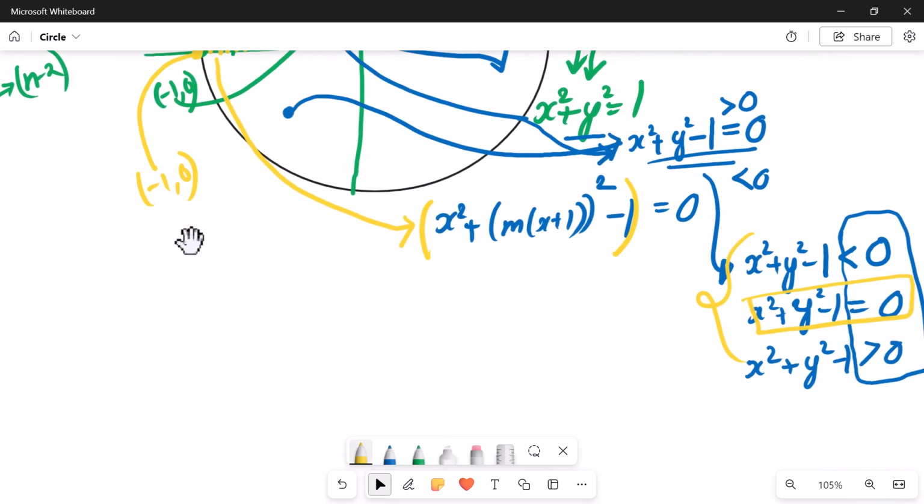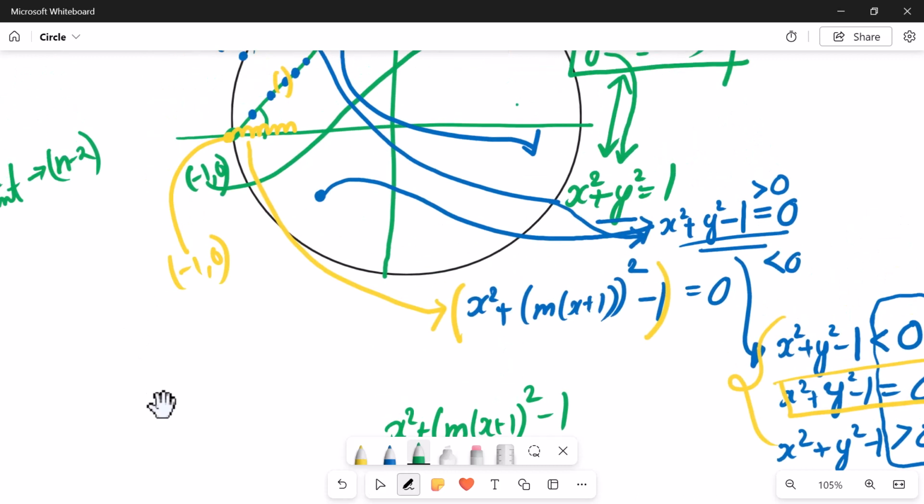Let me write that down separately. So x squared plus m times x plus 1 the whole squared minus 1, this expression, we will evaluate for each value of x after incrementation.